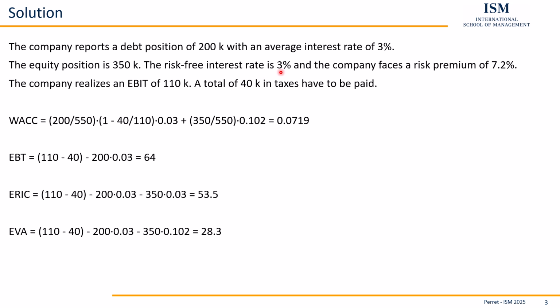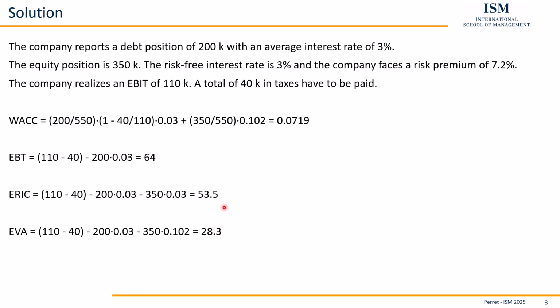So risk-free interest rate, let's say the country risk, plus the company risk. And that's why here, when we calculate the cost of equity, we use the much larger cost factor of 3 plus 7.2%. With the ERIC we get 53.5. With the EVA, we only get 28.3.